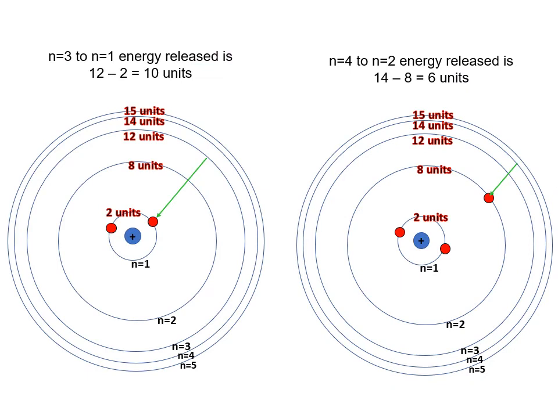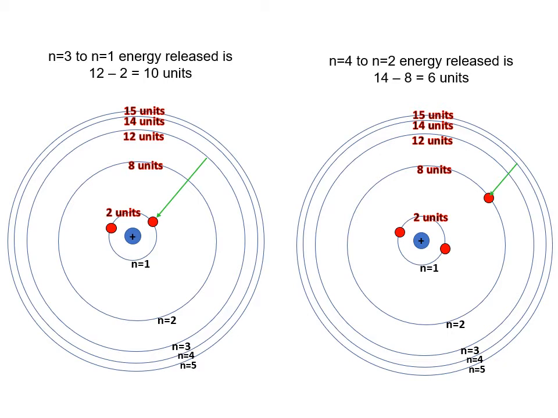So in this slide, I'm showing you two different electrons that have absorbed energy and have gone from the n equals 1 orbit up to, in this case, the n equals 3 orbit. And in this case, it's gone from the second orbit to the fourth orbit. The difference in energy, or the amount of energy released, is the difference between the two orbits.